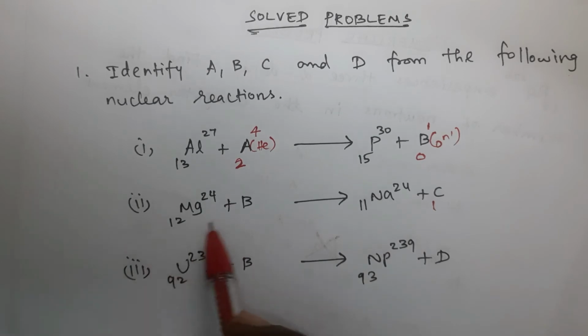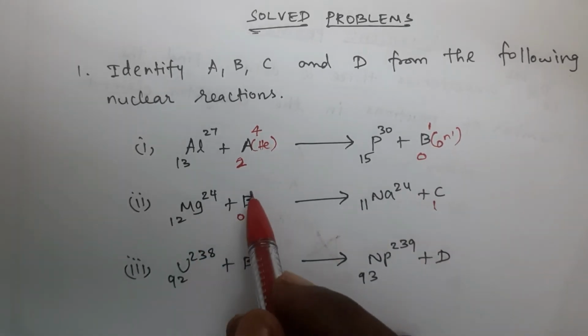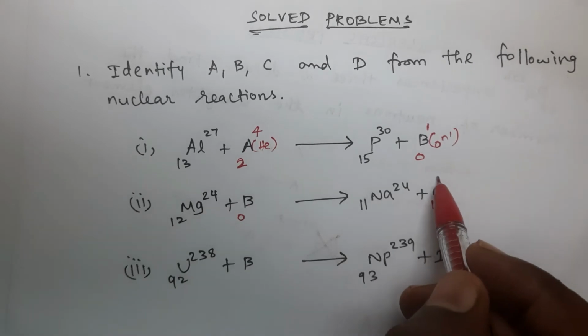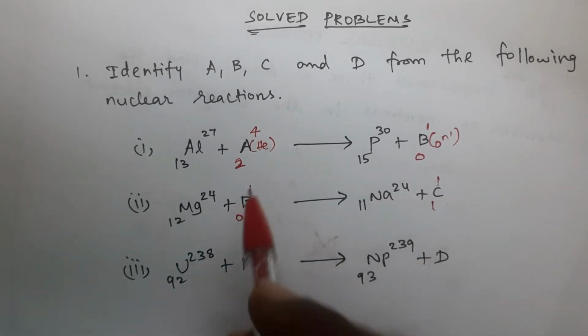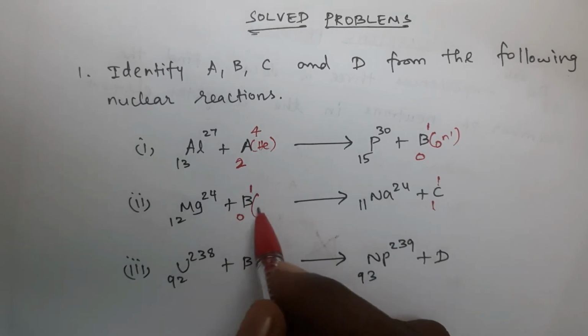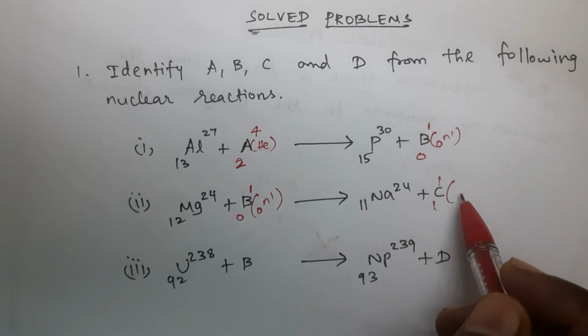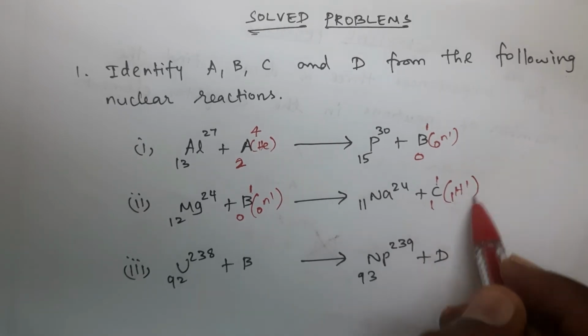If it is equalized, here 0 will come. Here 24 is there, here also 24. So whatever number you are going to use, that same number you can put here. So here the minimum is 1. Already we know that atomic number 0, mass number 1 is for neutron. Here 1, 1, this is for proton, 1H1. Atomic number is 1.